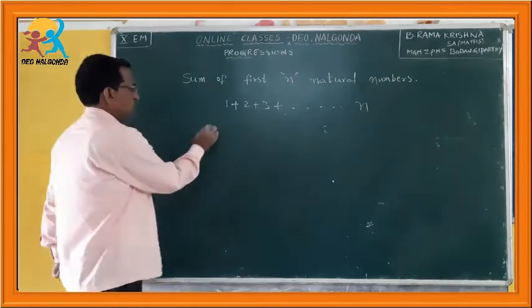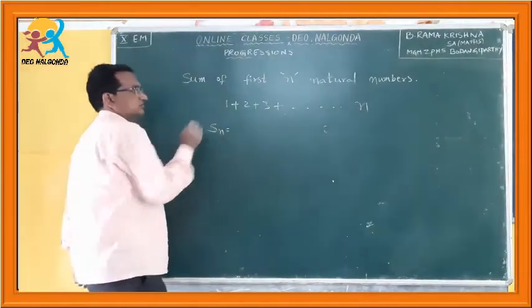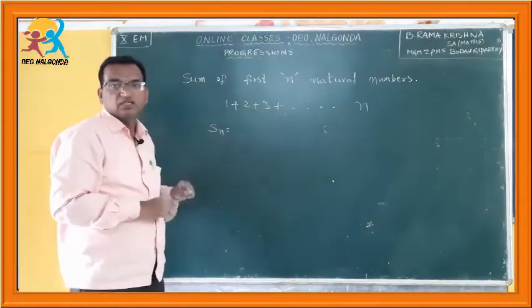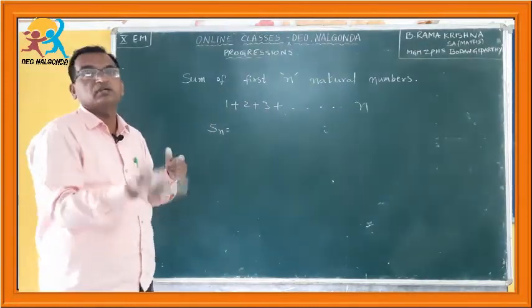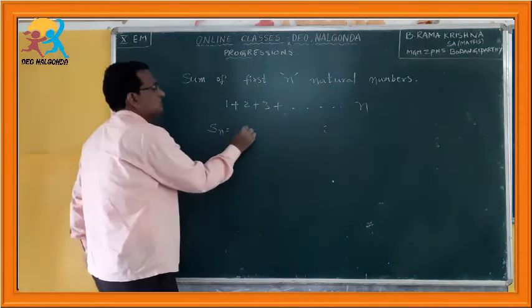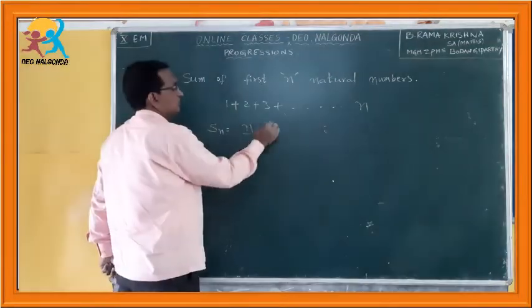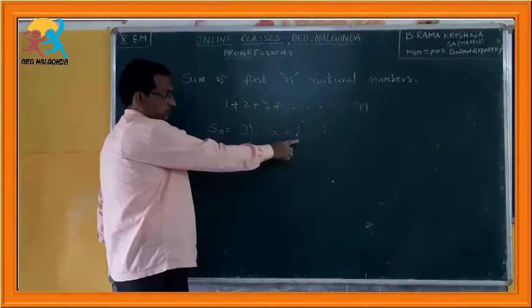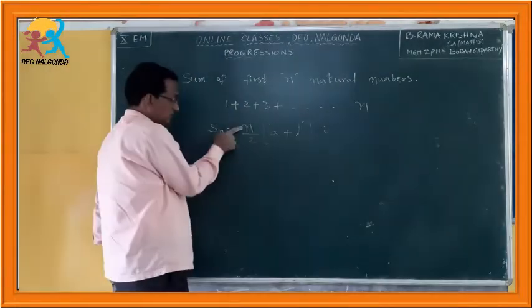How to find it? If you know the number of terms, the first term and the last term, then you can use the formula Sn is equal to n by 2 into a plus l, where l is the last term, a is the first term, and n is the number of terms.